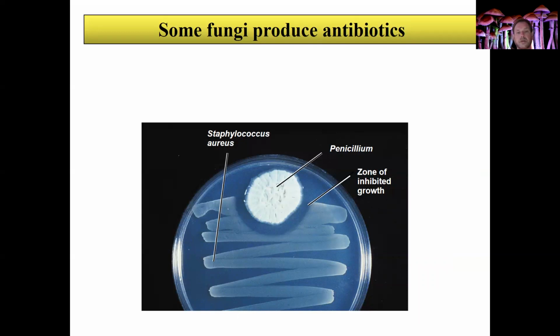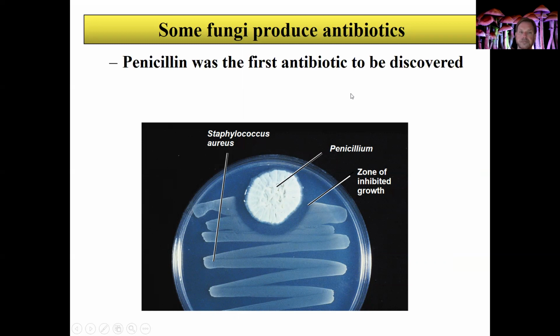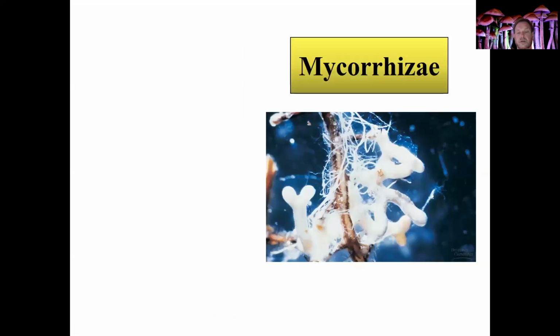There's our antibiotics working against a staph infection, Staphylococcus aureus. Penicillin was just the first of many of these different antibiotics. And they have mycorrhizal fungi, which are extremely important for trees and other plants. The fungus invades roots of plants, which sounds bad.